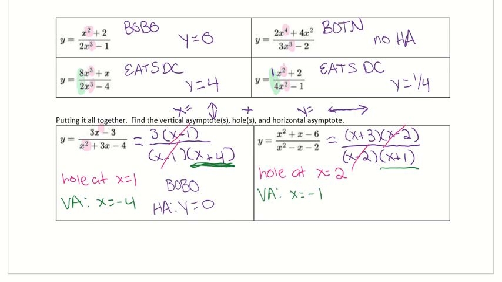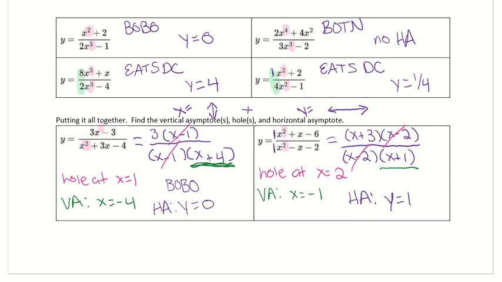And then finally, we're going to use our degrees to figure out our horizontal asymptote. So 2 over 2, which means we divide the leading coefficients. Remember, if there's no numbers out in front, you can assume it's 1 over 1, which is just 1. So our horizontal asymptote is going to be y equals 1.